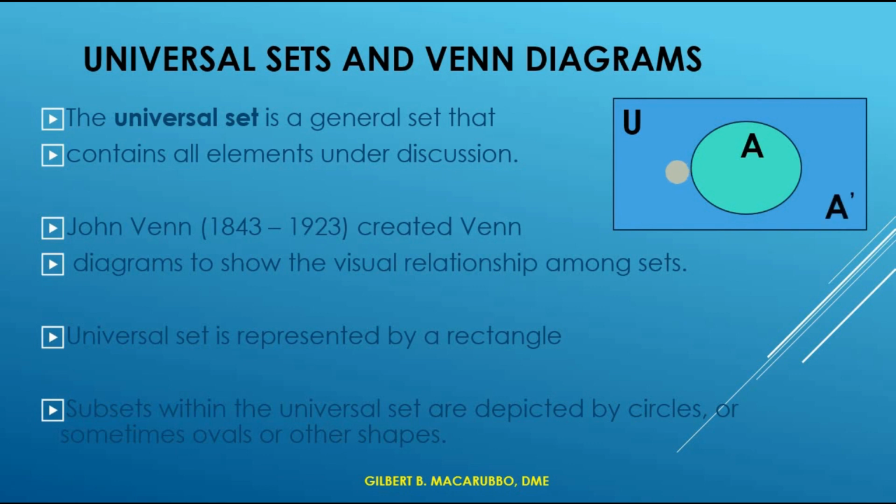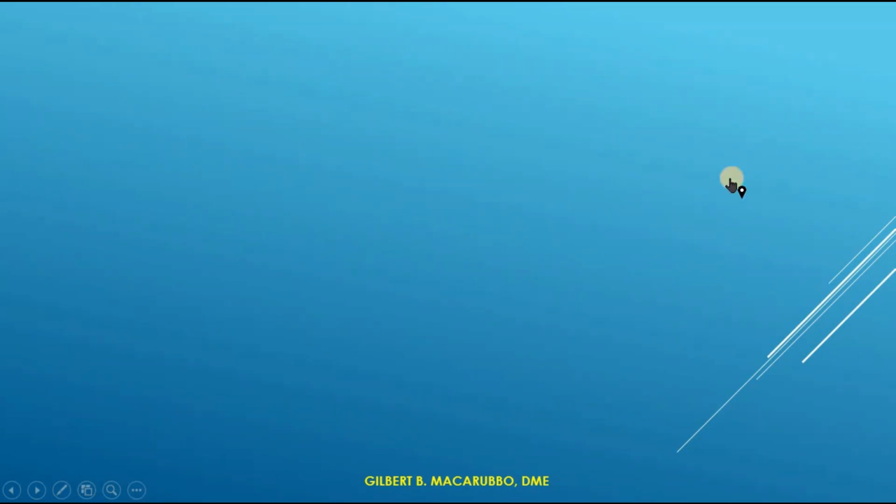Subsets within the universal sets are depicted by circles or sometimes oval. So ito yung circle dito, siya yung subsets ng ating universal sets. Okay. Ito namang A dito is yung complement ng ating subset na set A.